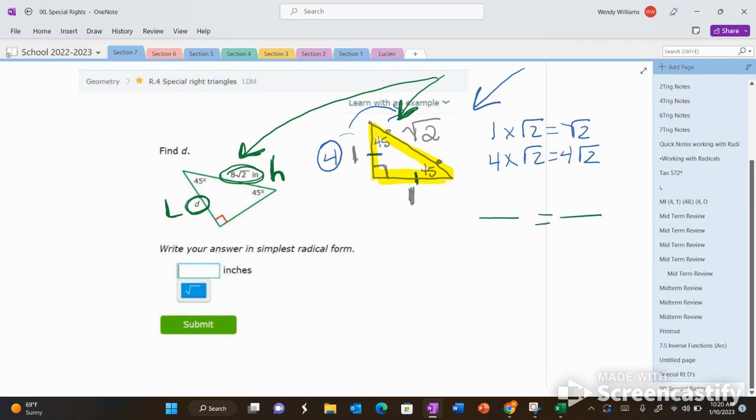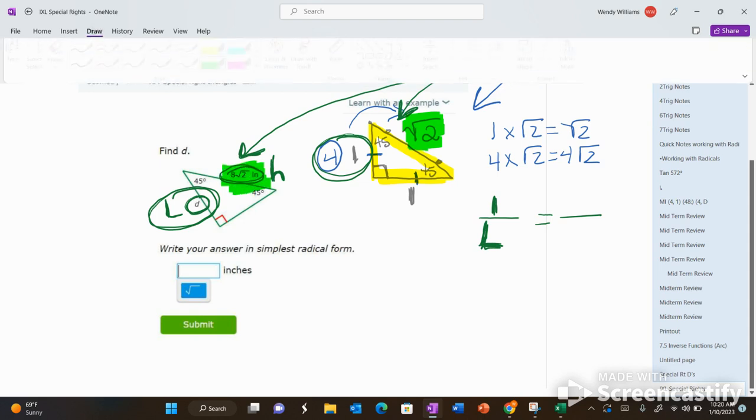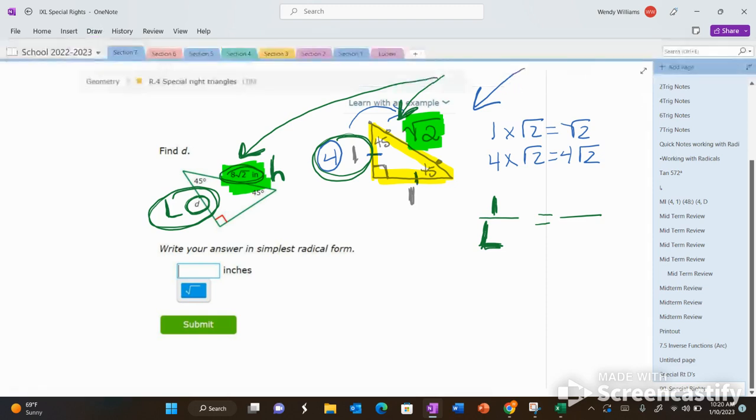Since we're comparing a leg to a leg, that'd be 1 compared to the L. Then we're going to take the hypotenuse and compare it to the hypotenuse, which is the square root of 2 compared to 8 square roots of 2.